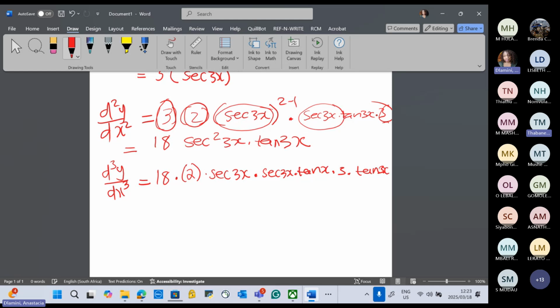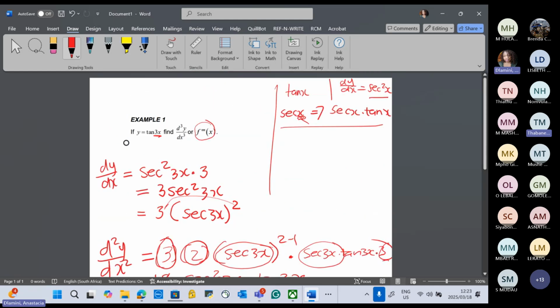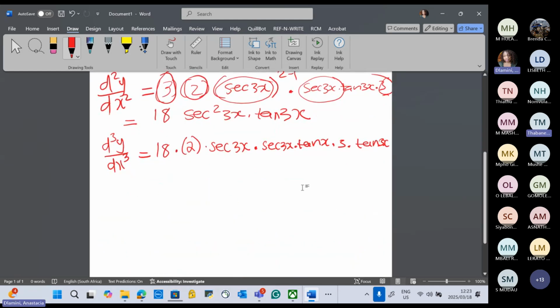Gonna be long. Then plus. Let's use big brackets there on 18, just after 18, so that we can be able to see the difference.